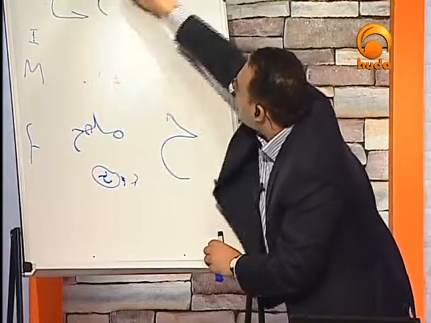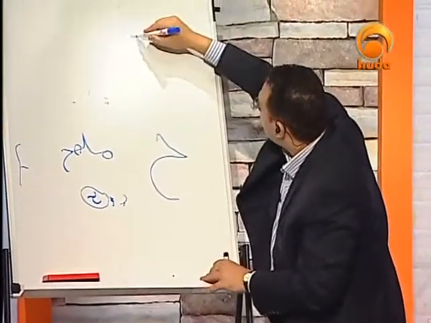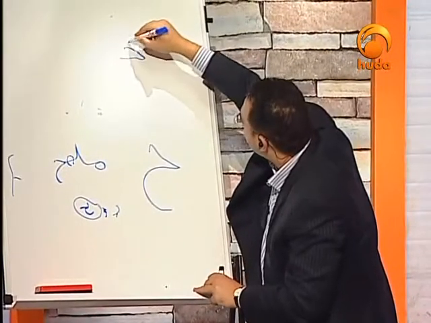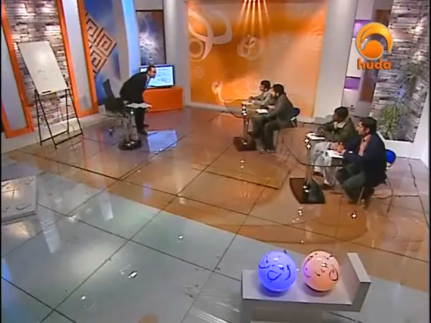Muhammad, I want to tell you something here. If you combine kha, let me just write that here. If you write kha in this way, and then we put alif, we discussed before that alif is a vowel.